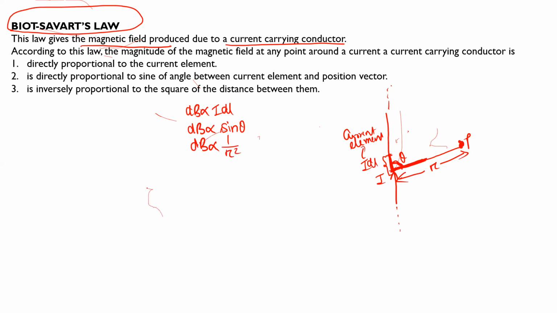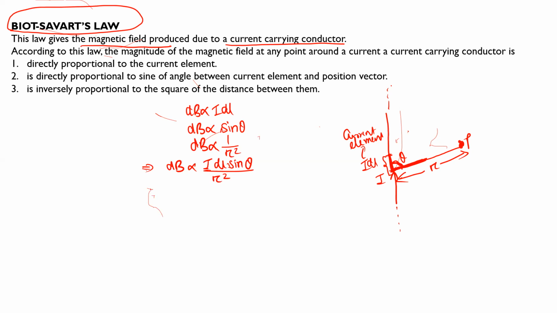When you combine all these three, dB is proportional to Idl sine theta by r square. The magnetic field is directly proportional to the current element and the sine of the angle theta between the position vector and the current element, and inversely proportional to the square of the distance between the conductor and the point P.